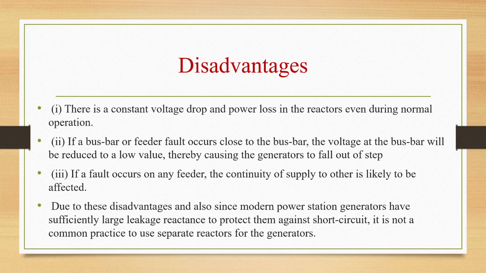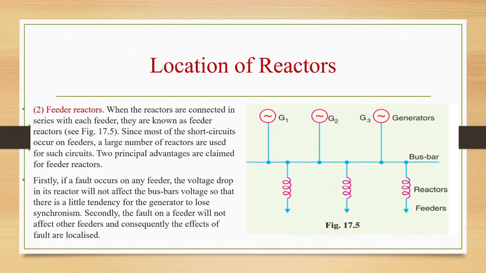Third point, if a fault occurs on any feeder, continuity of supply to other is likely to be affected. Due to these disadvantages and also since modern power station generators have sufficiently large leakage reactance to protect them against short circuit, it is not a common practice to use separate reactors for the generators. So we are not using mostly these generator reactors.